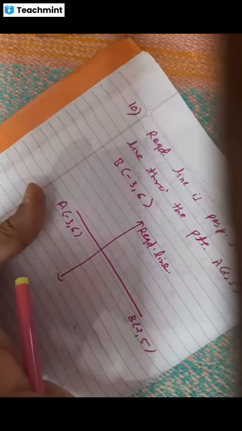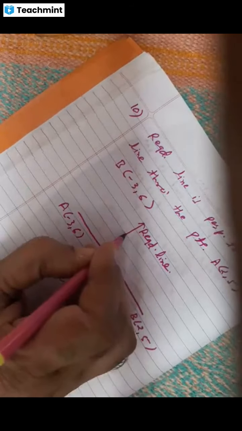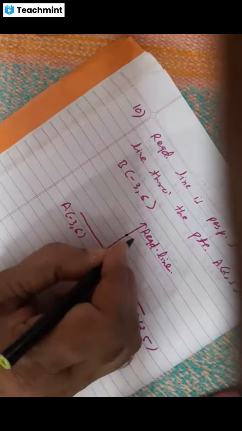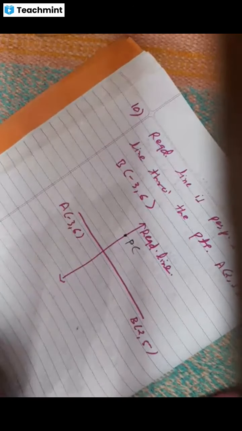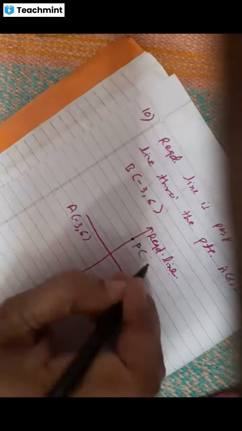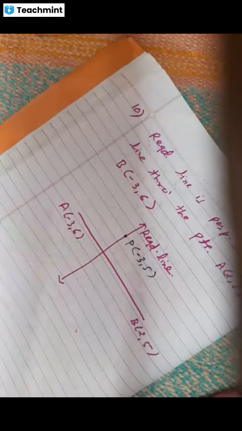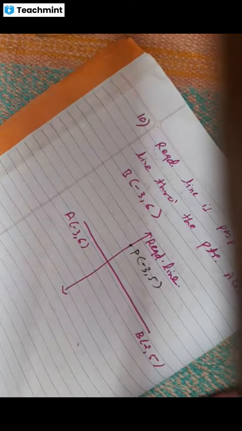Don't take it as perfect graphically. Suppose that here is a point, and I call this point P. So that point P is minus 3, 5. Is that clear?